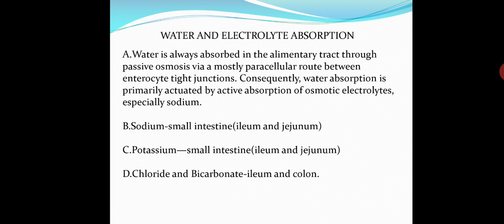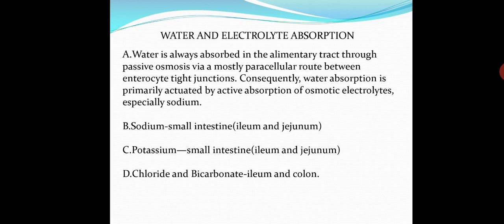In the ileum and jejunum, sodium transport from intestine to blood is facilitated by aldosterone. In the small intestine, active transport of sodium helps in absorption of glucose, amino acids, and other substances. Conversely, the presence of glucose in the intestinal lumen facilitates the absorption of sodium.